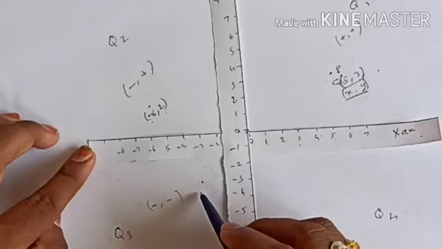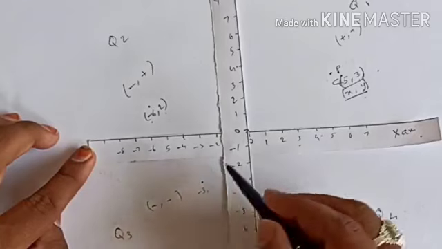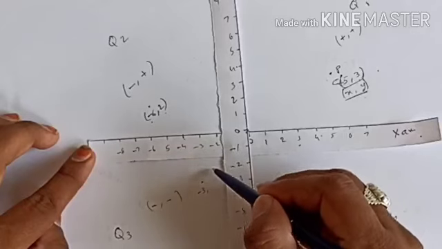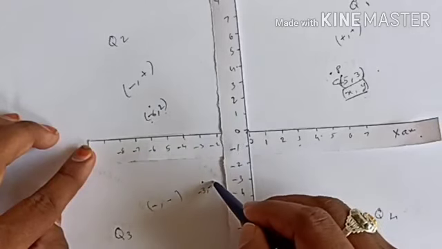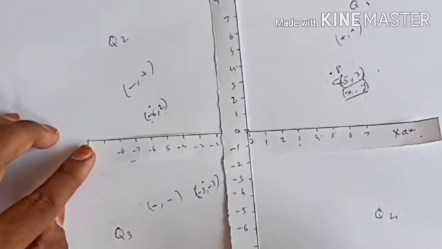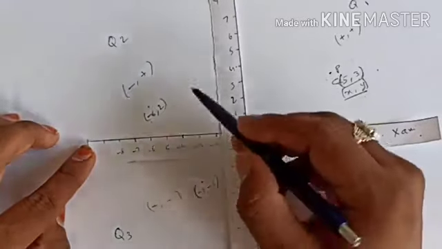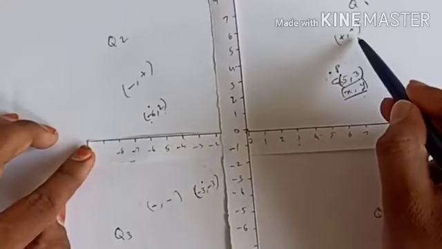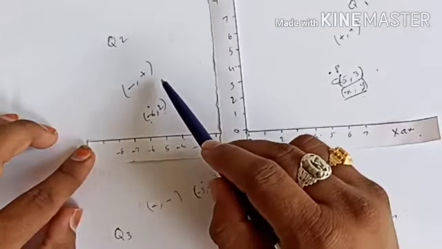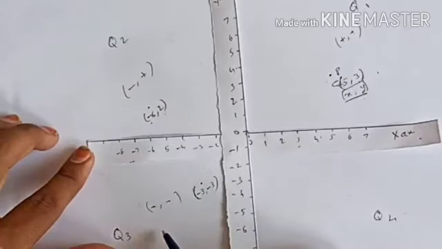So we'll write minus 3, and from the x-axis also it is 3 units distance, so it is minus 3. First quadrant, both positive; second quadrant, x negative, y positive; third quadrant, both negative.